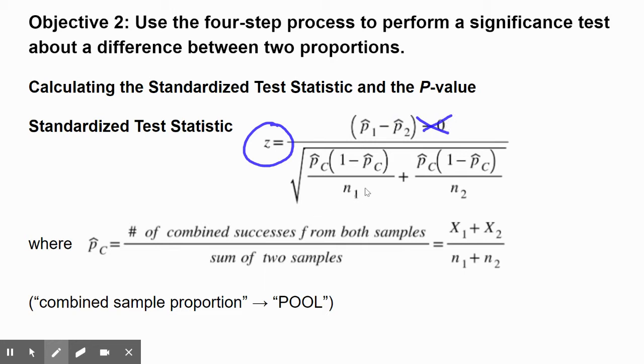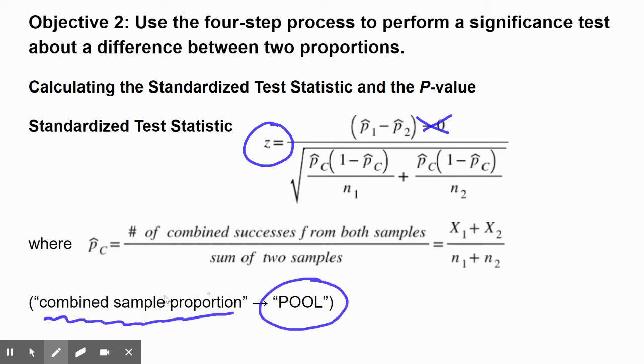And now the bottom, notice here, you see this p hat c. We don't use p hat 1 and p hat 2. We still use the sample sizes for the first group and the second group, but instead we're going to find this p hat c, which is called the combined sample proportion, or in statistics it's called pooling.